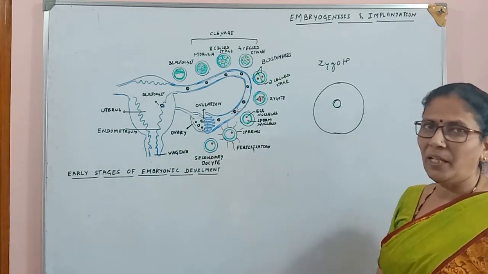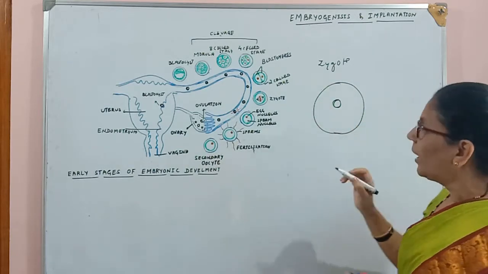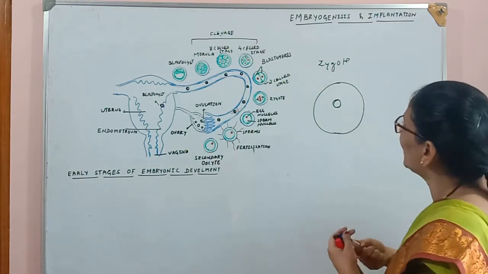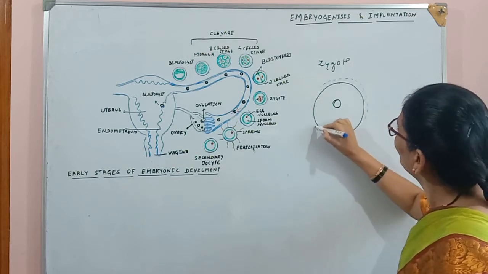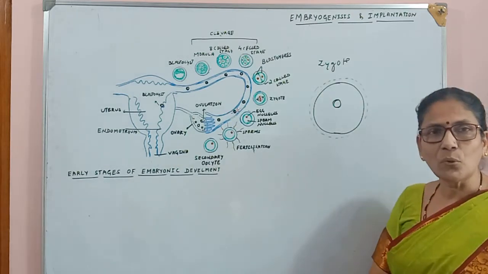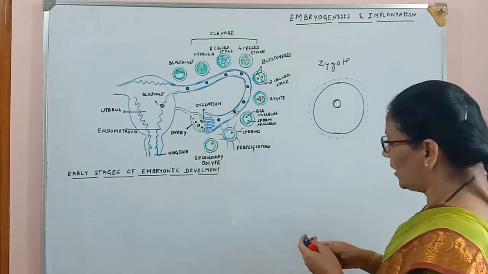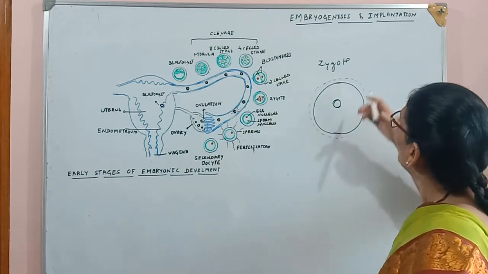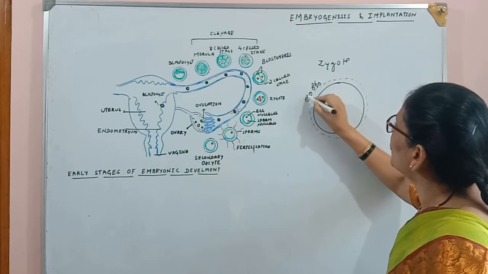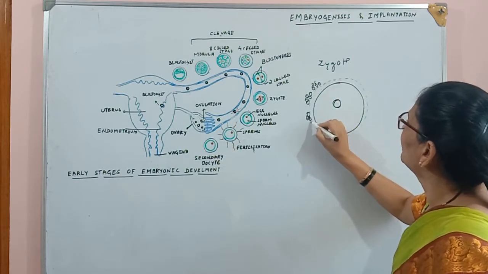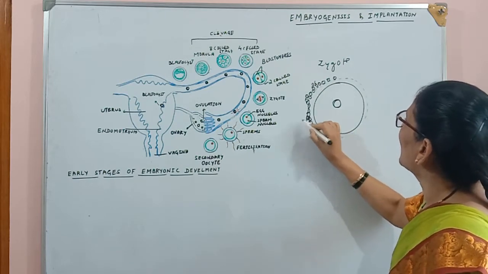This layer is called the plasma membrane or vitelline membrane, and it is surrounded by the next layer, the zona pellucida. The zona pellucida is externally covered with one more layer, the corona radiata, which is made by follicular cells. All these three layers will be there in the zygote.